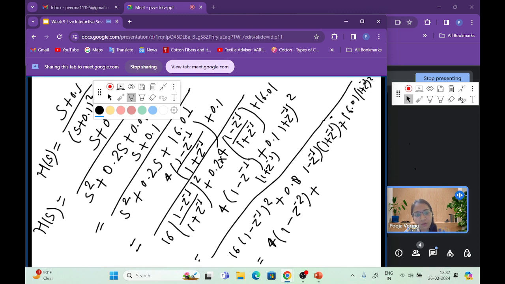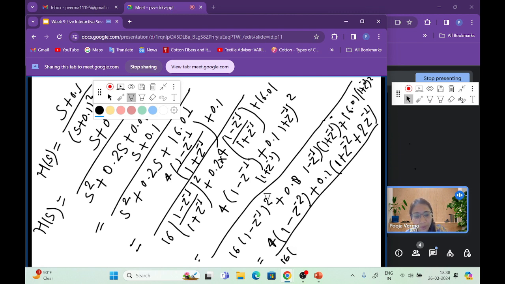Now we have to open this equation also. 0.1, 1 plus z inverse whole square, so 1 plus z to the power minus 2 plus 2 z inverse. Similarly, we have to do it in the lower part also. So there is a space issue, so I am solving it, or you can also solve it.